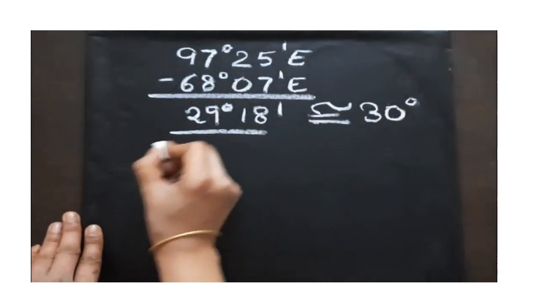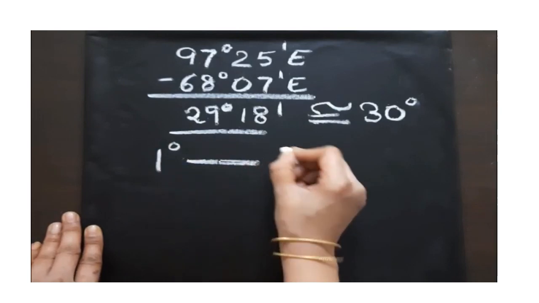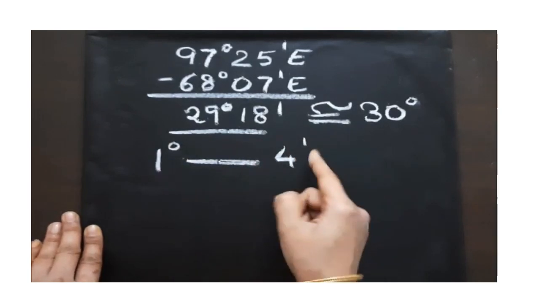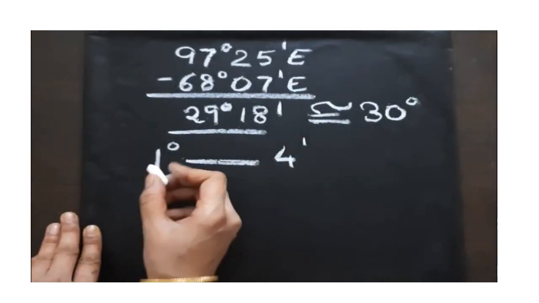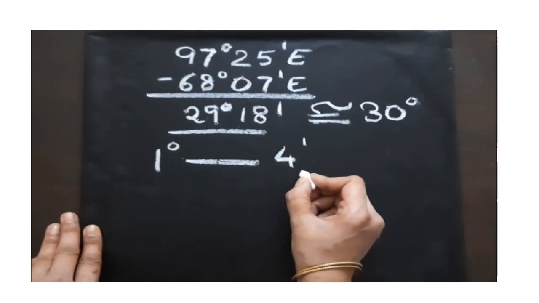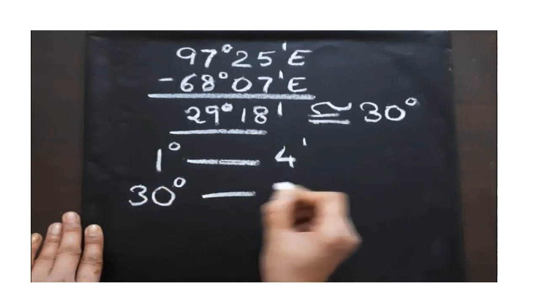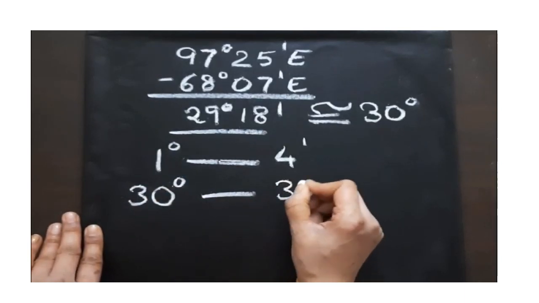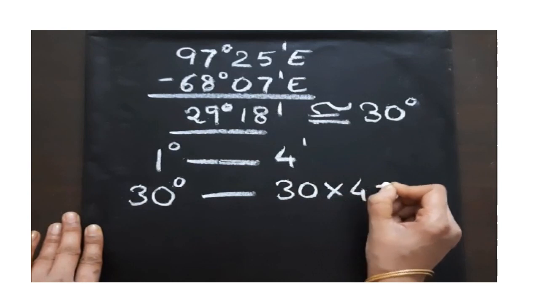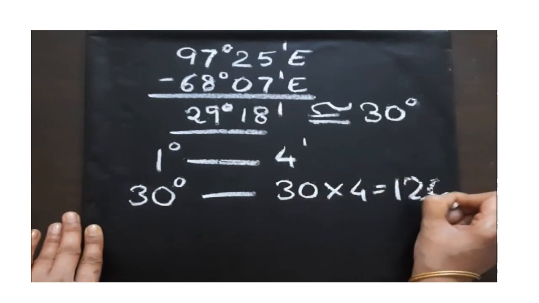Okay, now 1 degree is equal to 4 minutes. So 1 degree is 4 minutes. 30 degrees, how many minutes? So this will be 30 into 4, that is equal to 120 minutes, right?